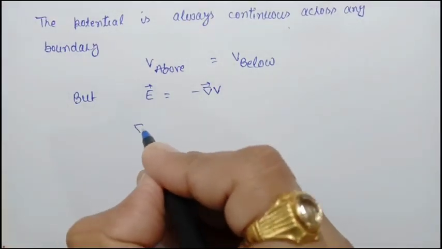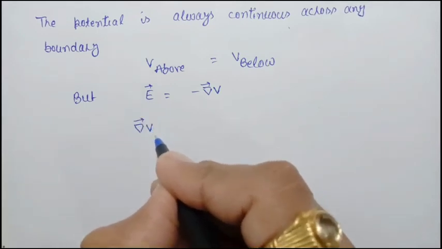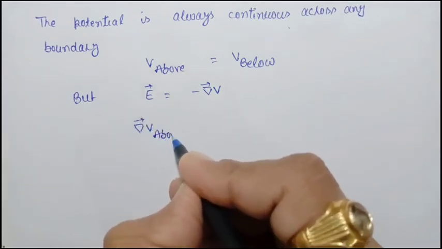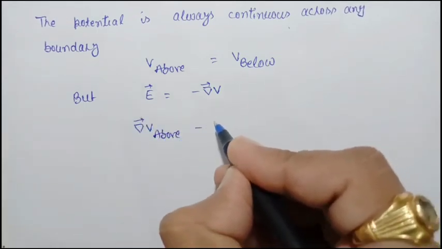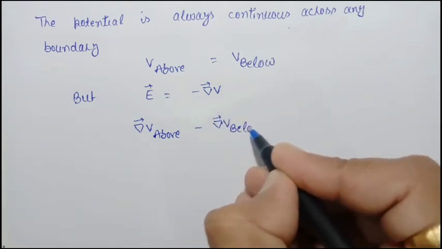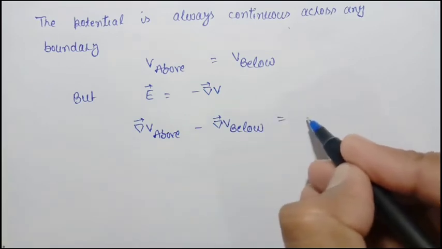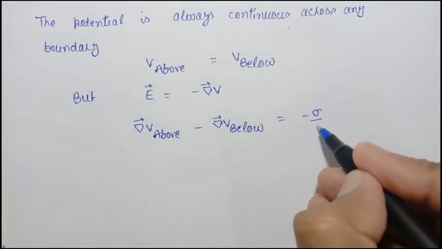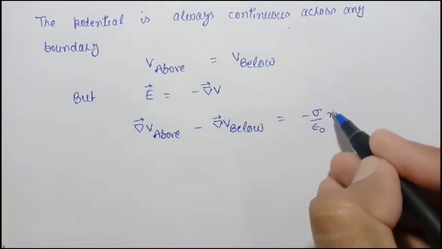So del V above minus del V below is equal to minus sigma over epsilon naught n cap.